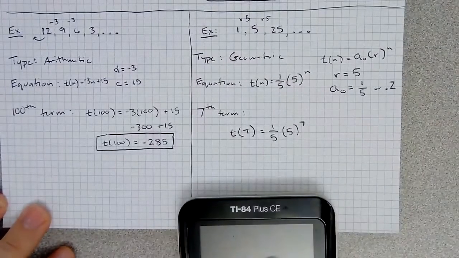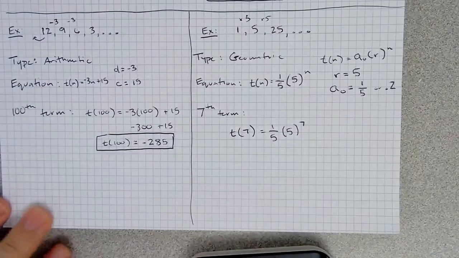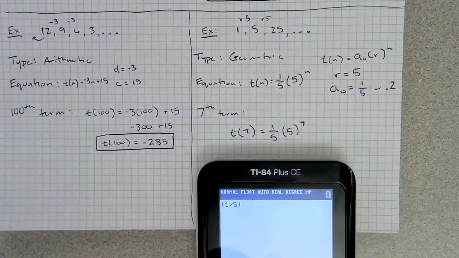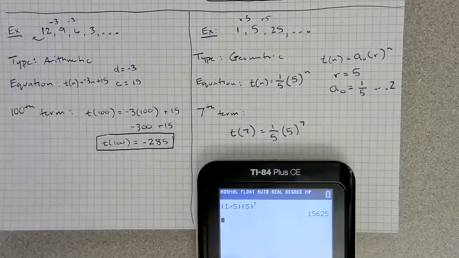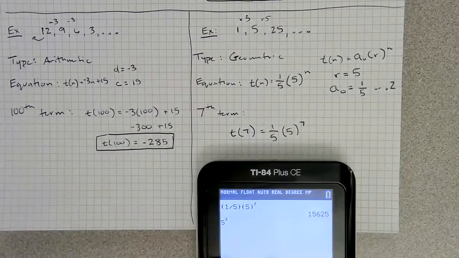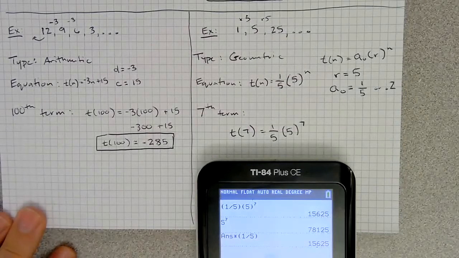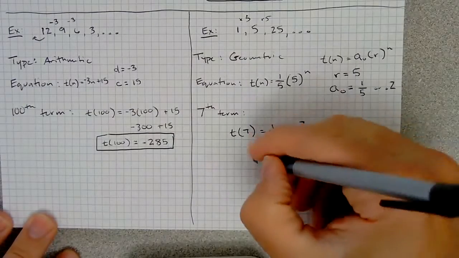Exponents. If you're putting it on your phone, it might not do it. If you use a calculator like this, it'll do it fine for you. But if not, 5 to the 7th times 1/5 gives you the same thing. That's 15,625.